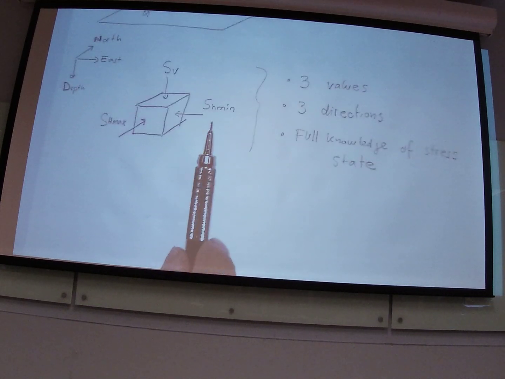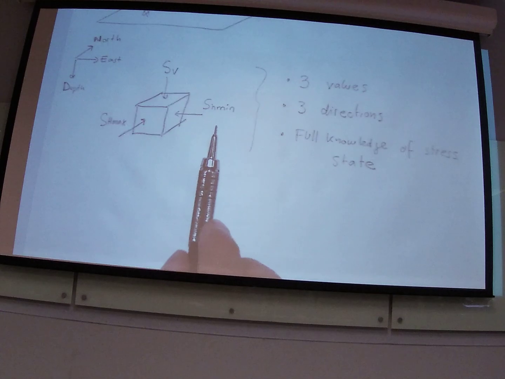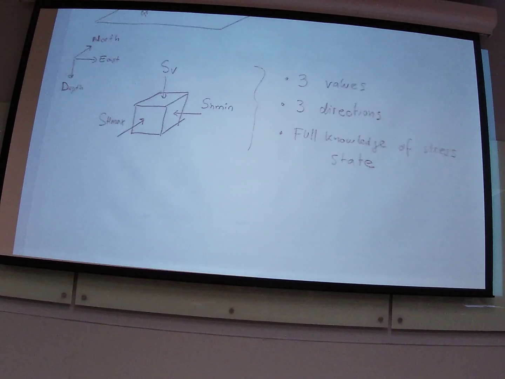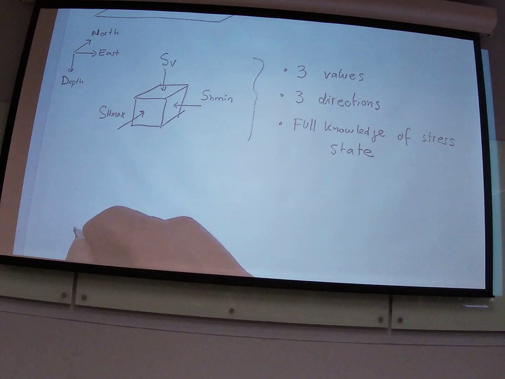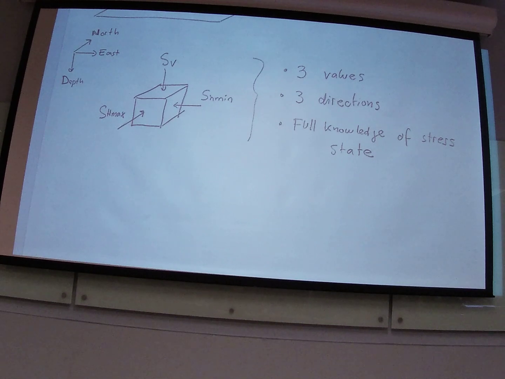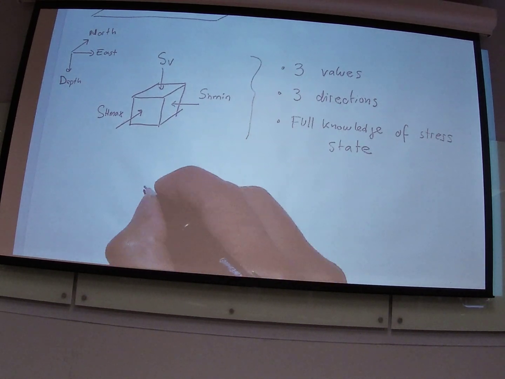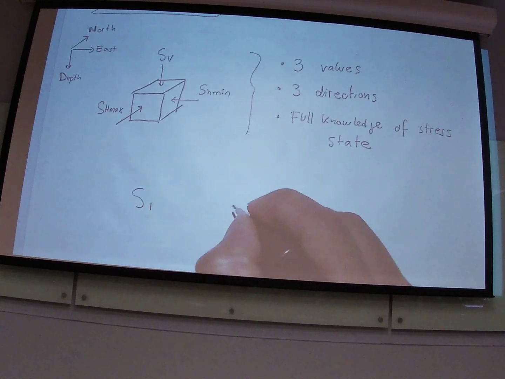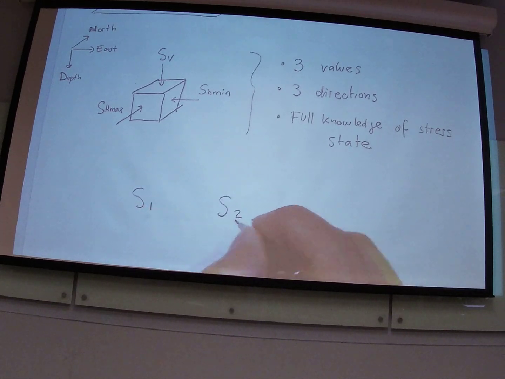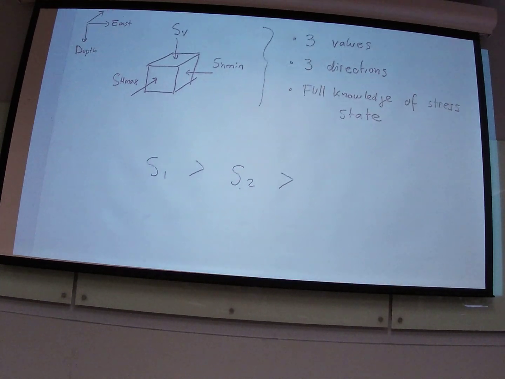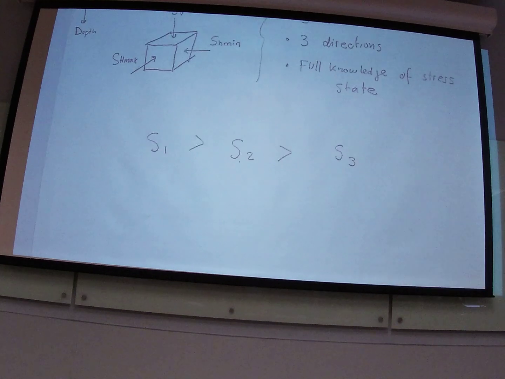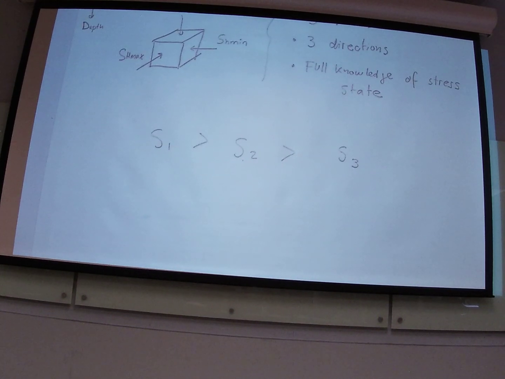Actually, many times our objective is to determine these stresses. In many cases, let me write here. Let me copy exactly the drawing I have in mind, from my notes. This is the maximum principal stress. This is the intermediate principal stress. And this is the minimum principal stress.